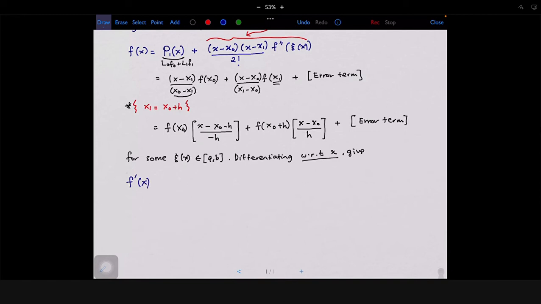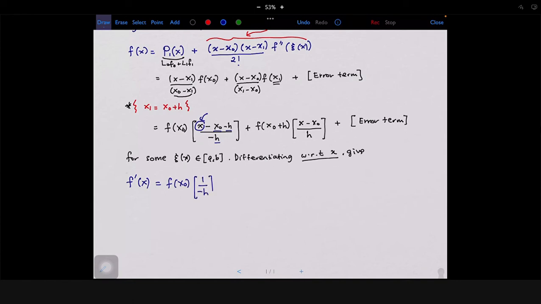We differentiate only the x terms, and ignore x0 and h since we differentiate with respect to x only. So we get f(x0) multiplied by 1 over negative h.